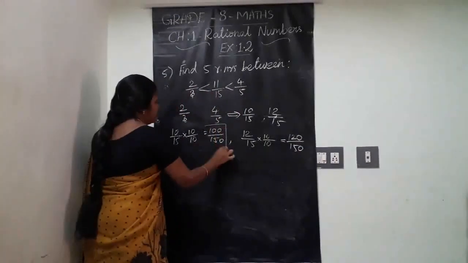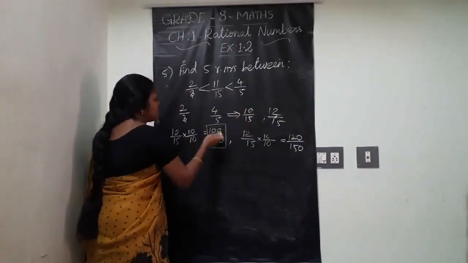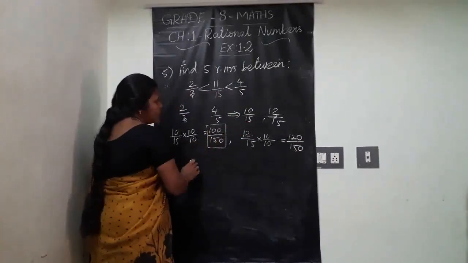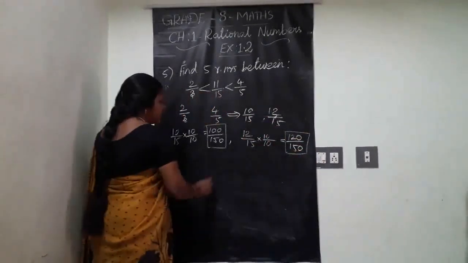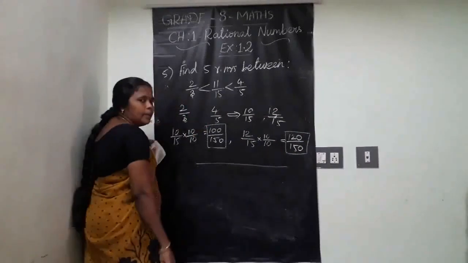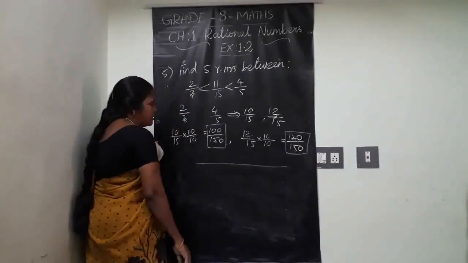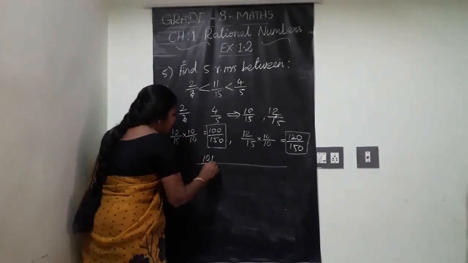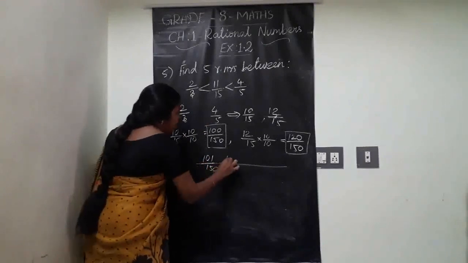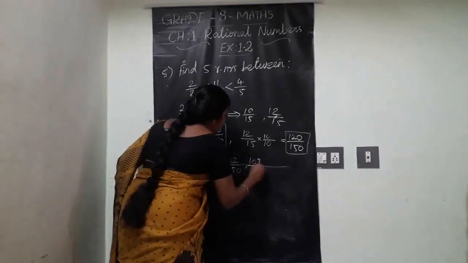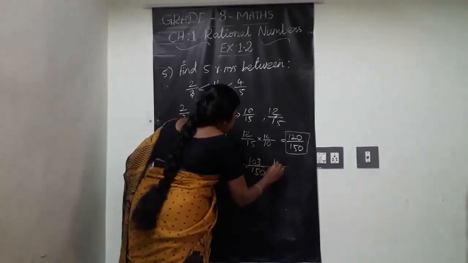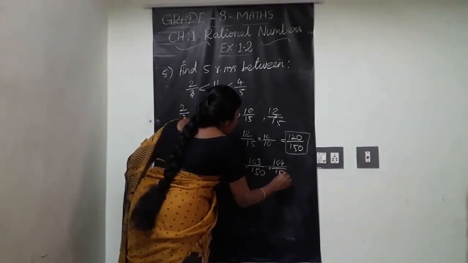I made 10 by 15 as 100 by 150 and 12 by 15 as 120 by 150. In between, I can take 4 rationals as I wish. 101 by 150, 102 by 150, 103 by 150, 104 by 150. Clear?